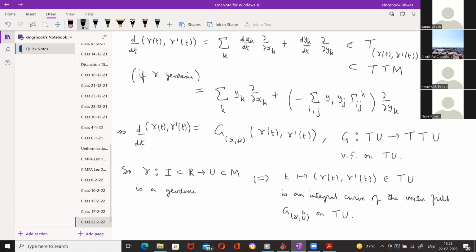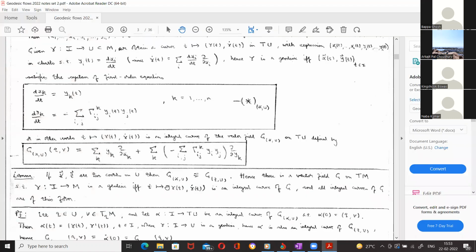Okay. So let's just do that. So here's the lemma. This is your formula for this vector field. This a priori depends on the coordinate X, but now we have the following lemma. If X and Z are two coordinates on U, then G_{X,U} is equal to G_{Z,U}. So these two apparently different vector fields are the same, okay?